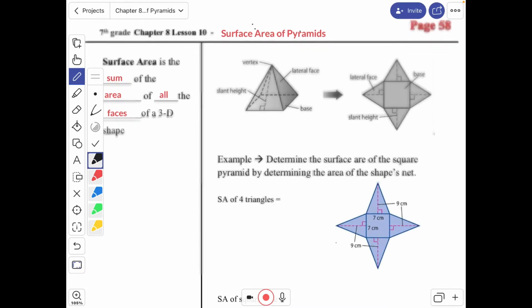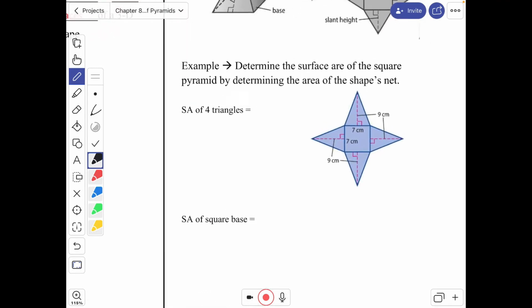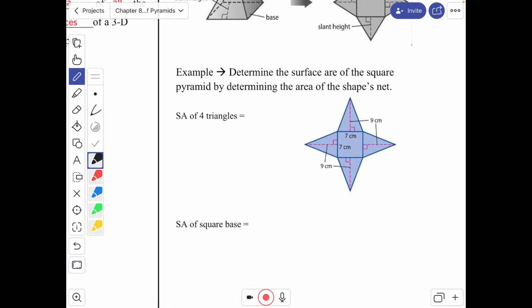So we're going to determine the surface area of the square pyramid by determining the area of the shape's net. If you'll notice, there are 4 triangles. And the formula for area of triangles is base times height divided by 2. But since we have 4 of those, we're going to multiply times 4.